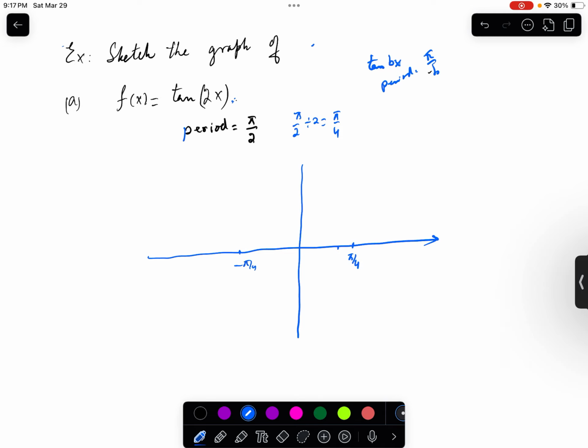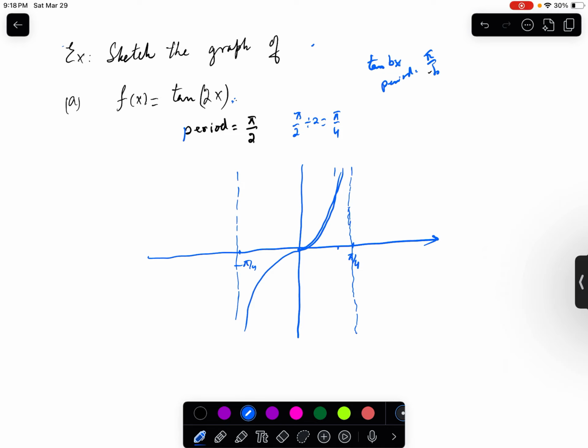So these are going to be in place of the pi over 2 and negative pi over 2. These are going to be the asymptotes. This will be the graph passing through 0. This is the graph of tangent in one period. If the question doesn't mention the period, then you should show a couple more pieces.